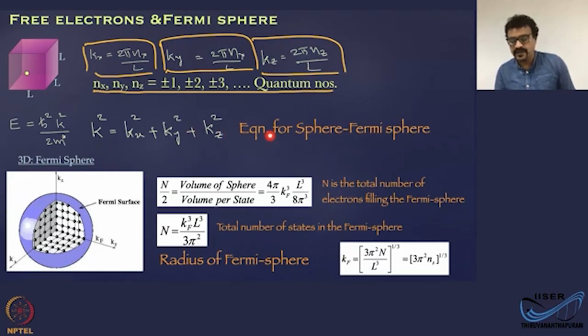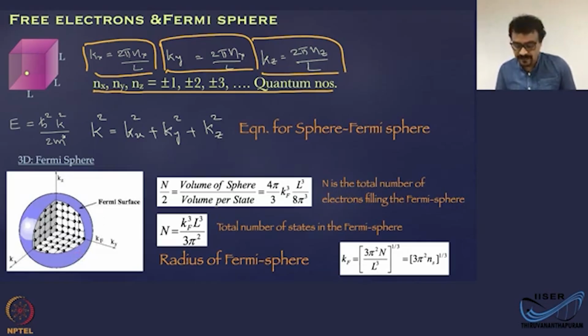And you can note here that this is actually an equation for a sphere or a spherical surface with a radius given by k, and this sphere in the k space, which represents the k states of electrons inside the material, inside the solid, is called the Fermi sphere.